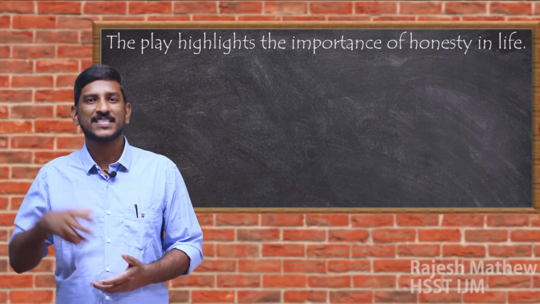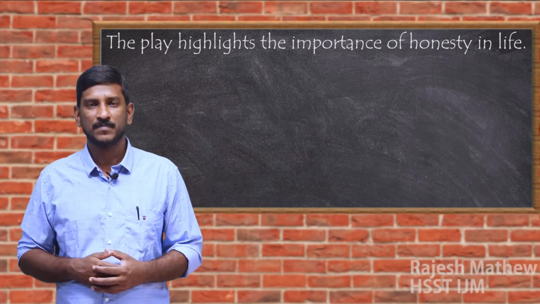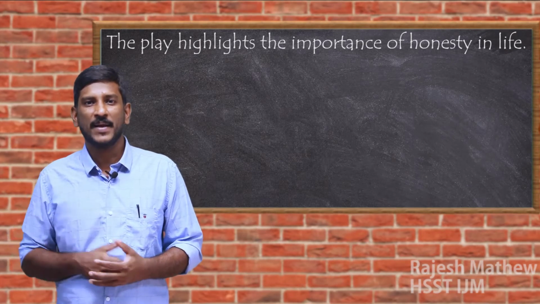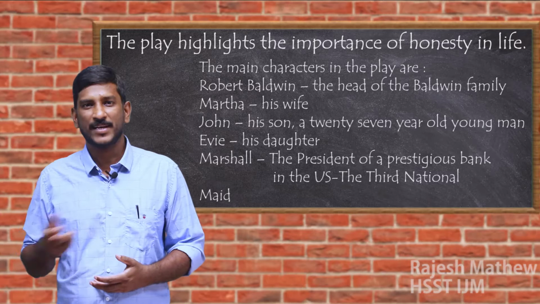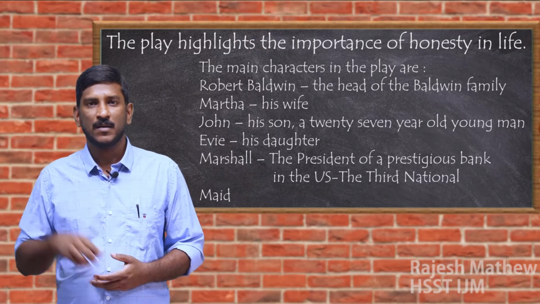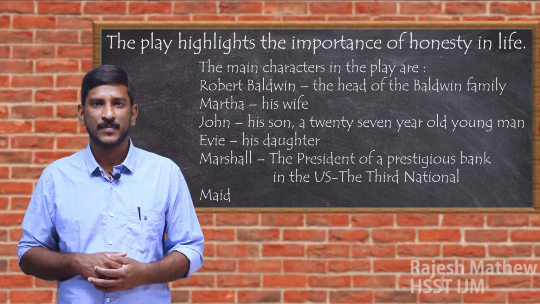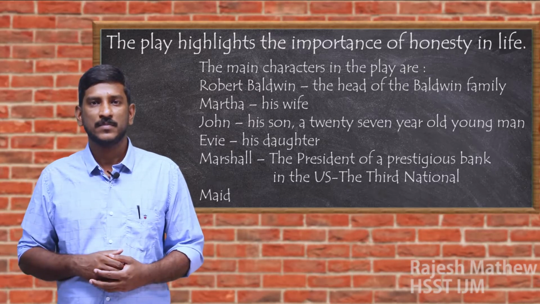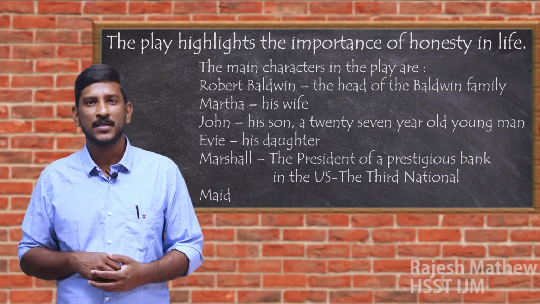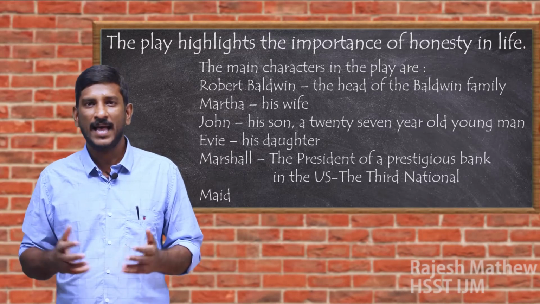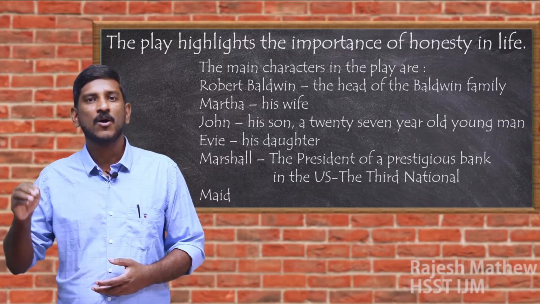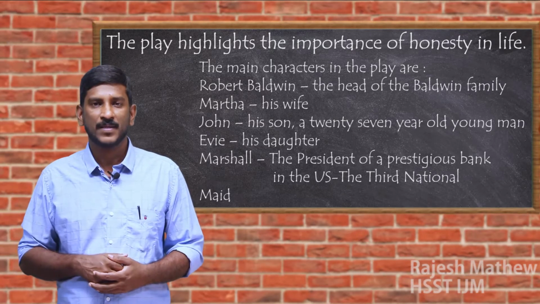There are 6 characters in the play. The characters are Robert Baldwin, the head of the Baldwin family, Martha, his wife, John, his son, a 27-year-old young man, and Evie, his daughter. They all belong to the Baldwin family.